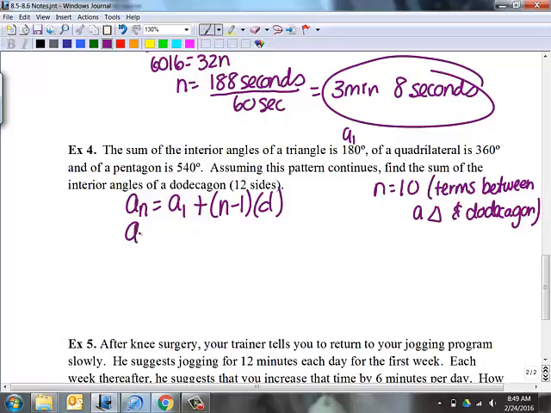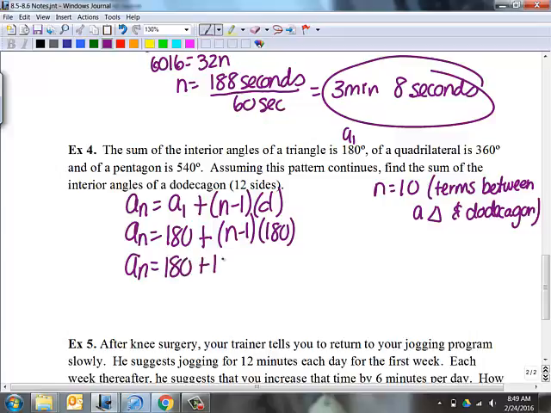So you have AN equals 180 plus n minus 1 times D. What's D? What's it changing by? 180. You could practice writing out the rule. So you'd have 180 plus 180n minus 180, so AN would be 180n.